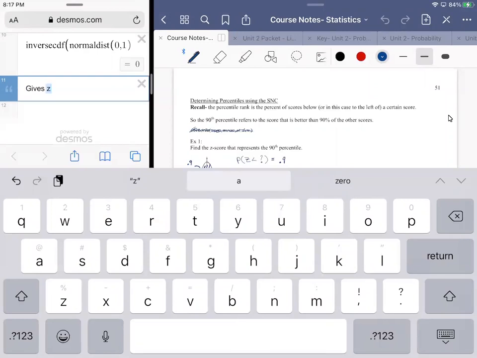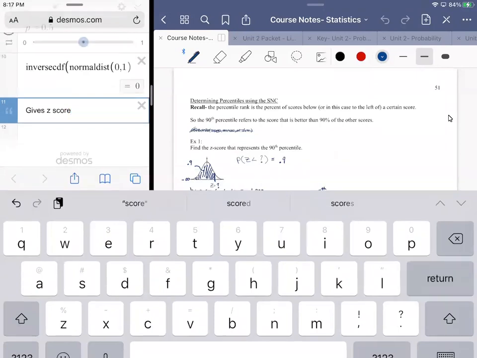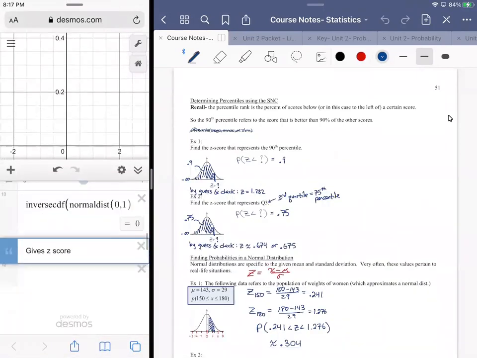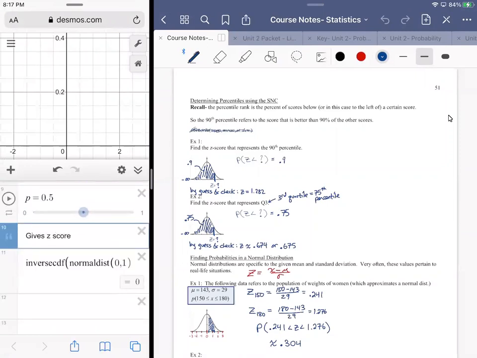Something very simple. And then drag that up and make that the title for the inverse CDF normal distribution from 0 to 1. All right, that's up to you. Right? So, little reminders to yourself.